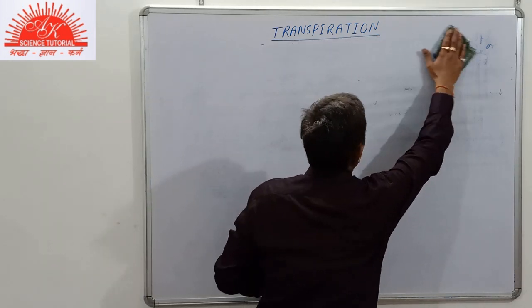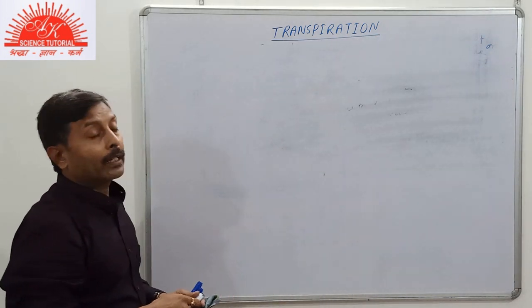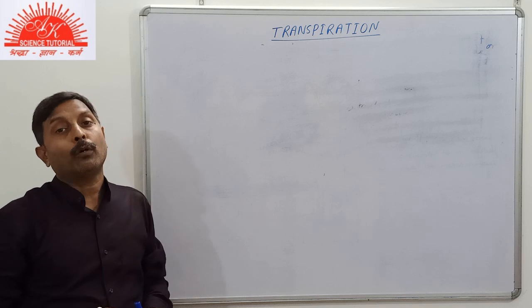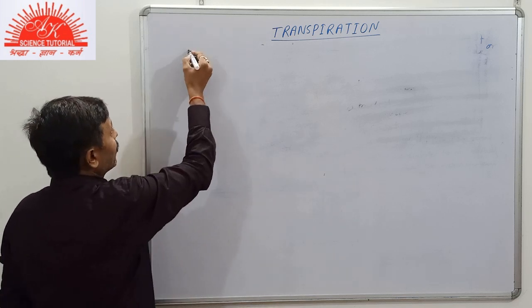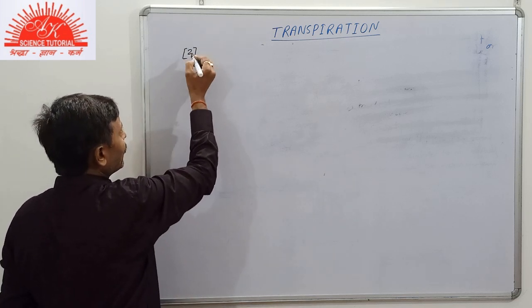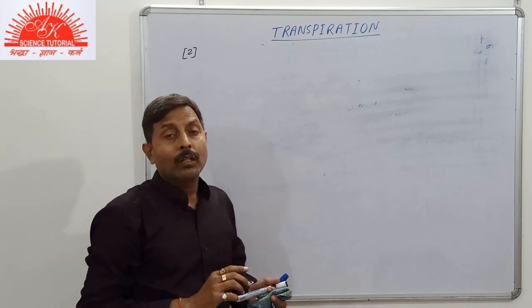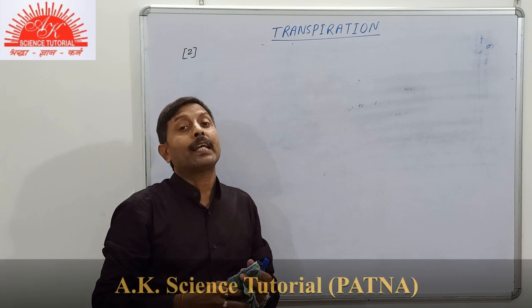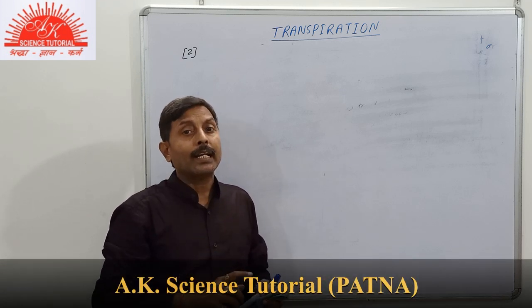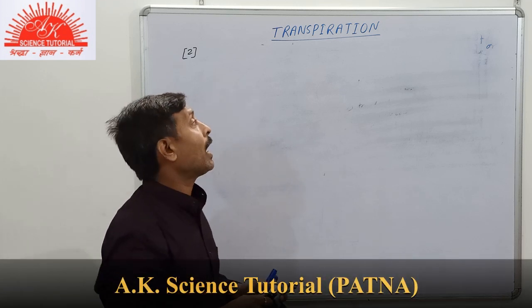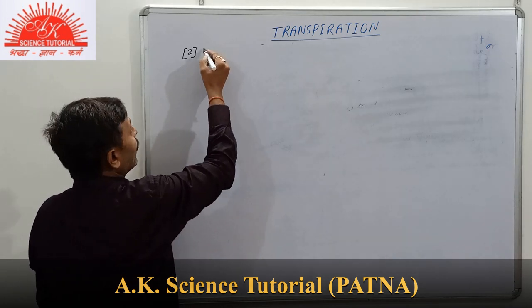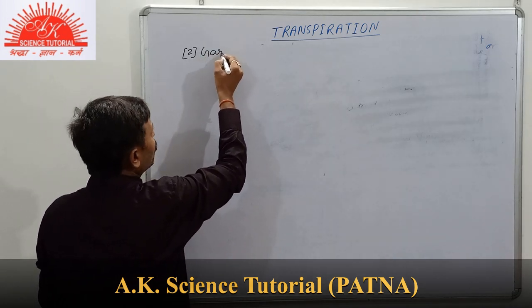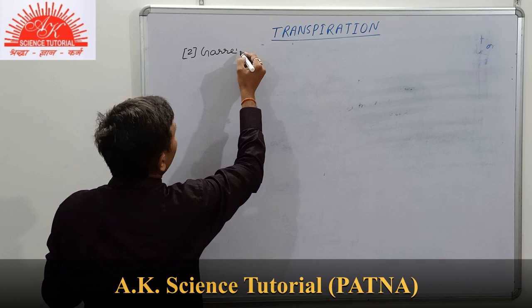Now the next topic or next type of the potometer which we have to study here, this question has been asked, although at the present it is not directly given in our chapter, but in the exercise this is given. The question was asked in board earlier, that is called Garreau's potometer.